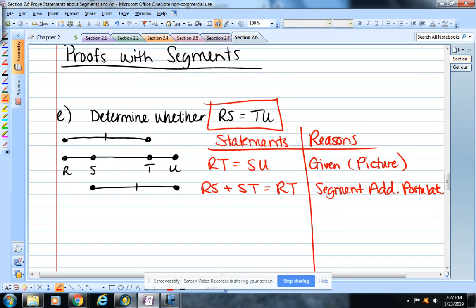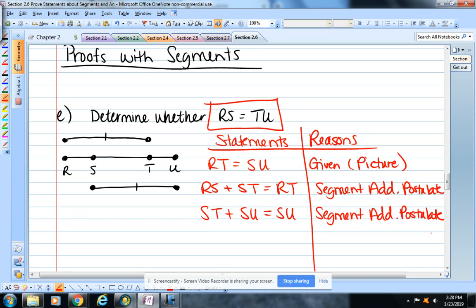So likewise, what can I say about the length of SU? What makes up the length of SU? That's right. ST plus TU equals SU. And that is also the segment addition postulate. Okay? So y'all, we're doing the same thing with segments as we do with angles, basically.